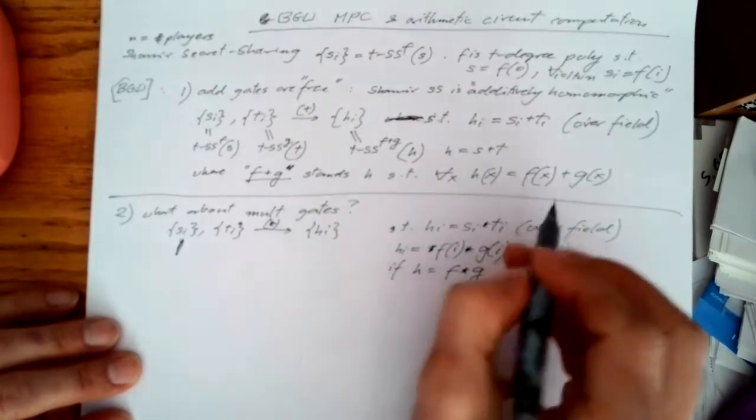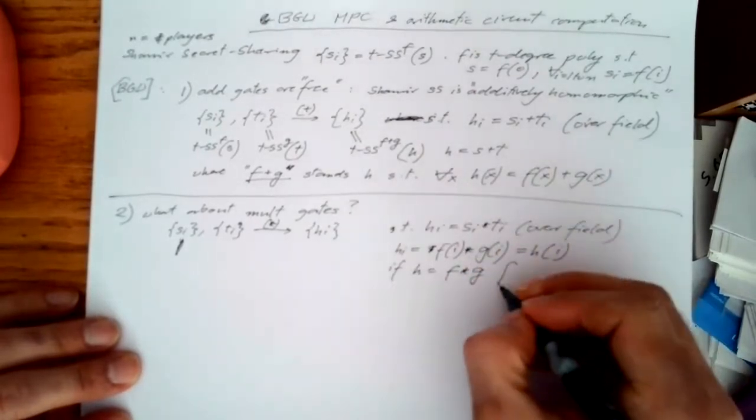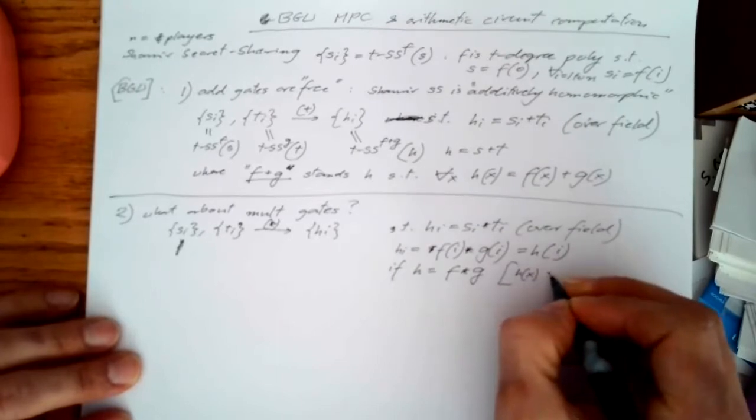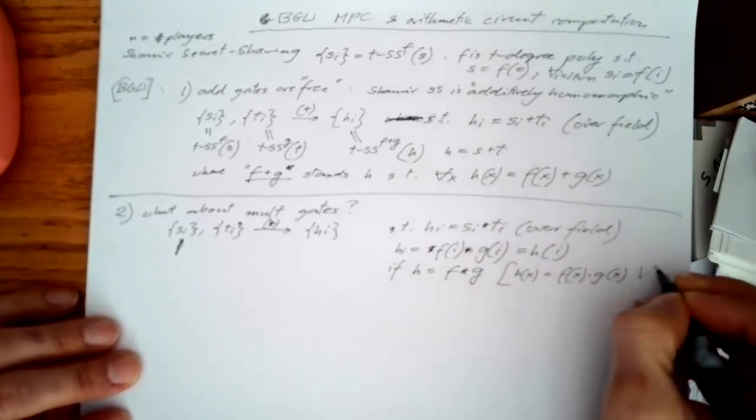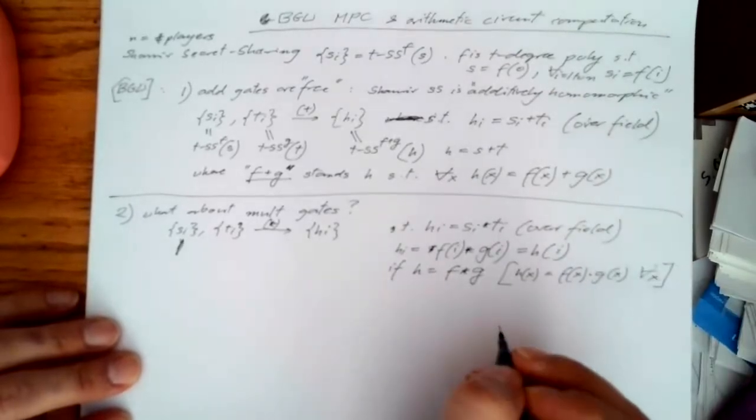The product is defined in the same way, meaning h of x is f of x times g of x for all x.